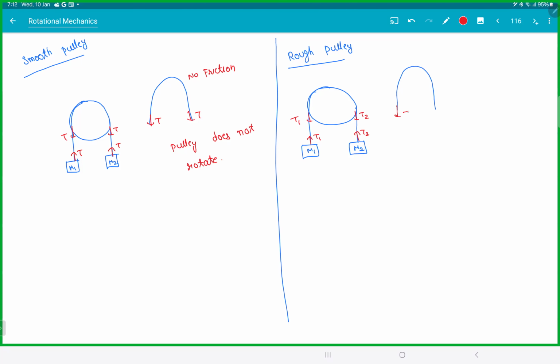Reason: this is T1, there is friction on the string now. That's why the tension will be different. Just keep that in mind, that's the main important thing. Whenever they say the pulley is rough, you can't take tension the same on both sides. Due to friction, tension varies.